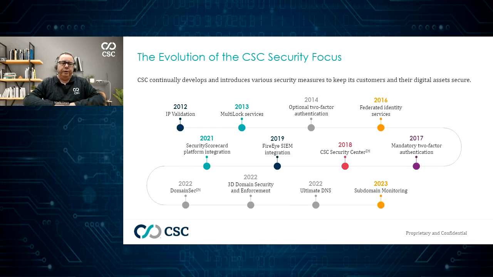And, you know, we do like to consider ourselves as the most security conscious domain registrar that there is. You can see the evolution of our security focus here going back to 2012 when we introduced IP validation. Then we brought in multi-lock or registry lock, as a lot of you might know it. We did dabble with optional two-factor authentication, and we brought in federated identity.